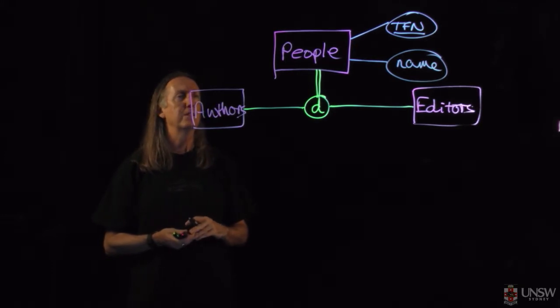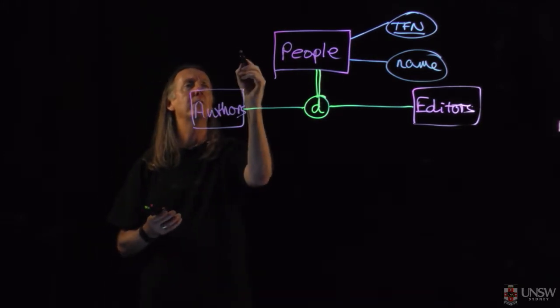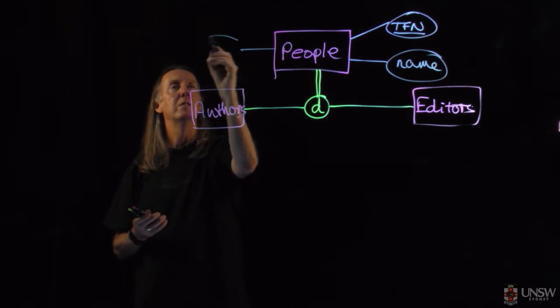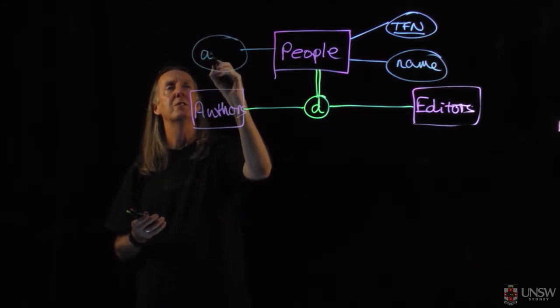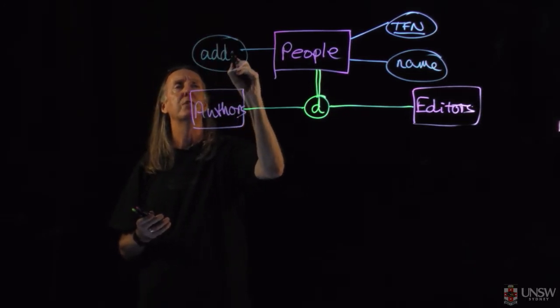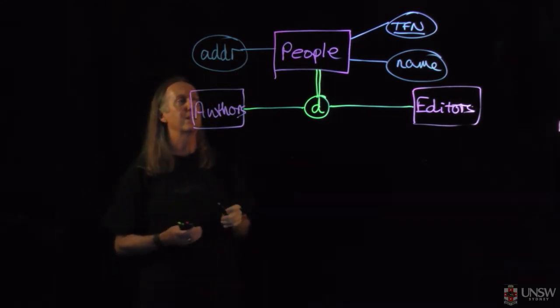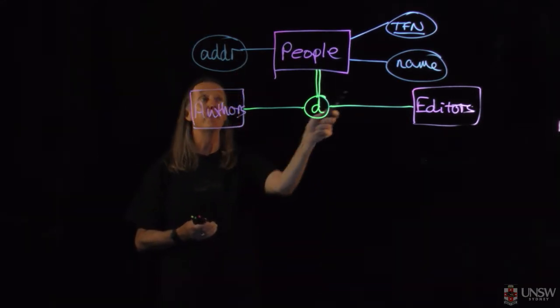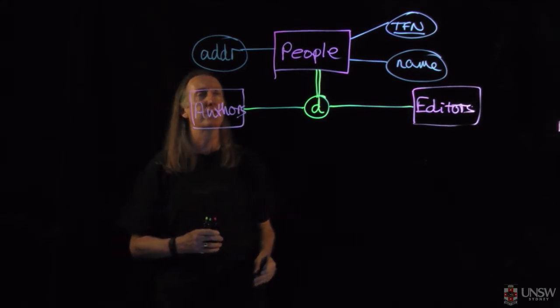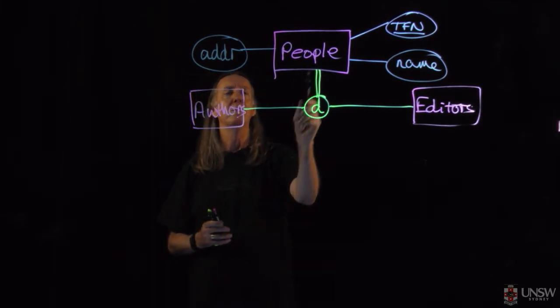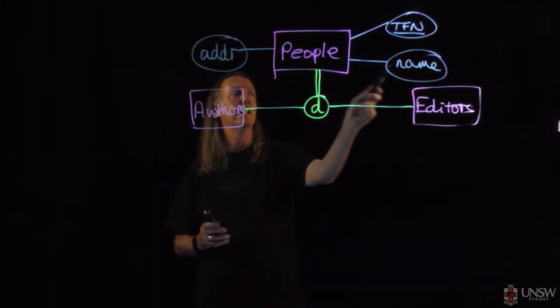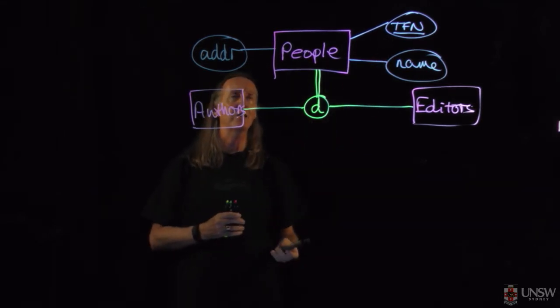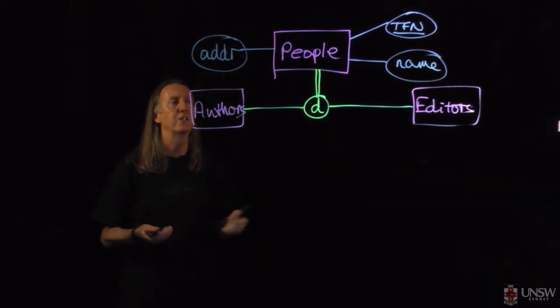The other things that we might be interested in with people are where they live in case we need to contact them. So we might also have an address as an attribute of person. So this diagram here basically tells us that everyone, whether they're an author or an editor, has a name, address, and a tax file number that describes them.